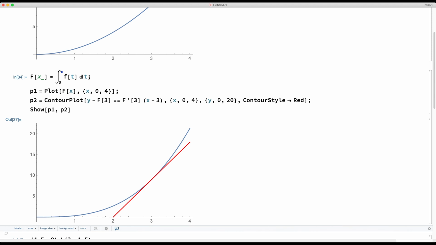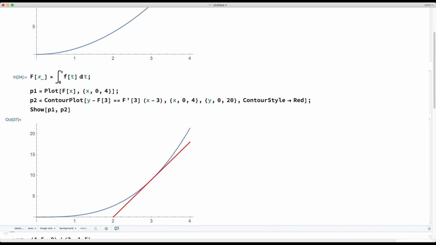Let's just suspend disbelief as to what it actually is for the moment. But at the point 3, I've drawn the tangent line there, okay? And what is the value of this function at 3? Well, it's a little harder to read off from the graph. It looks like it's pretty close to 10, but is it exactly 10? Well, I don't know, right?